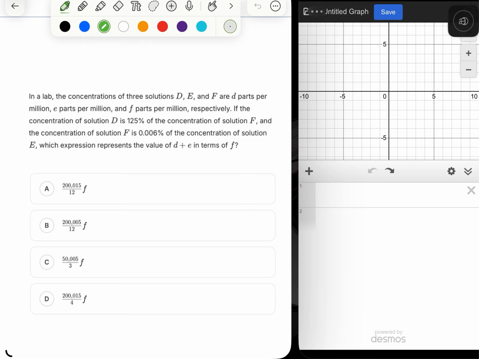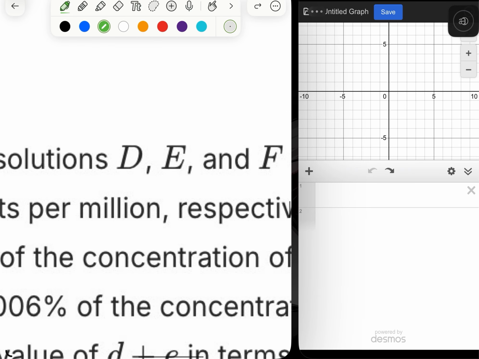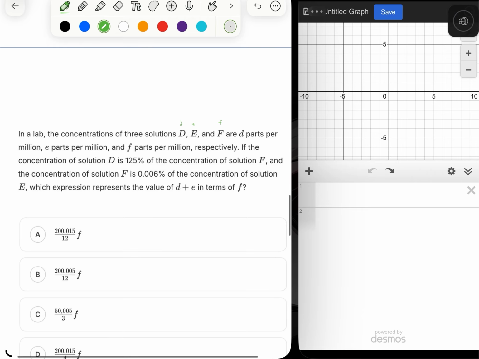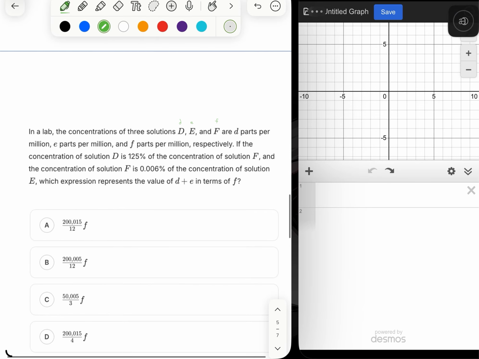Concentrations of three solutions, where D is the parts per million for D, and likewise for E and F. So right away, I would just write D, E, and F as variables over those three solutions. Now, let's look at what else they give us.